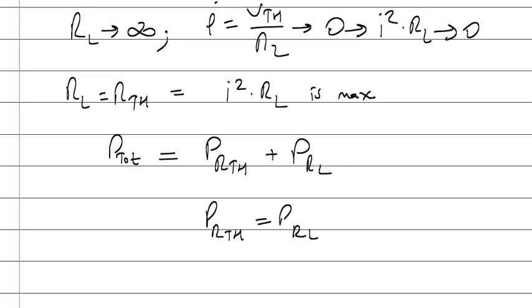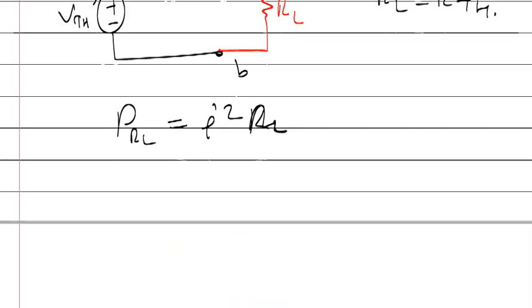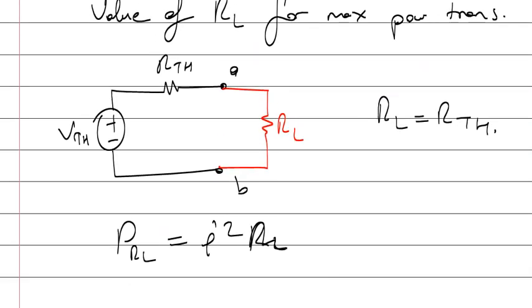So half of the power is dissipated in the circuit, and the other half is transferred to the load resistance. The maximum power transferred from a circuit is half of the power.